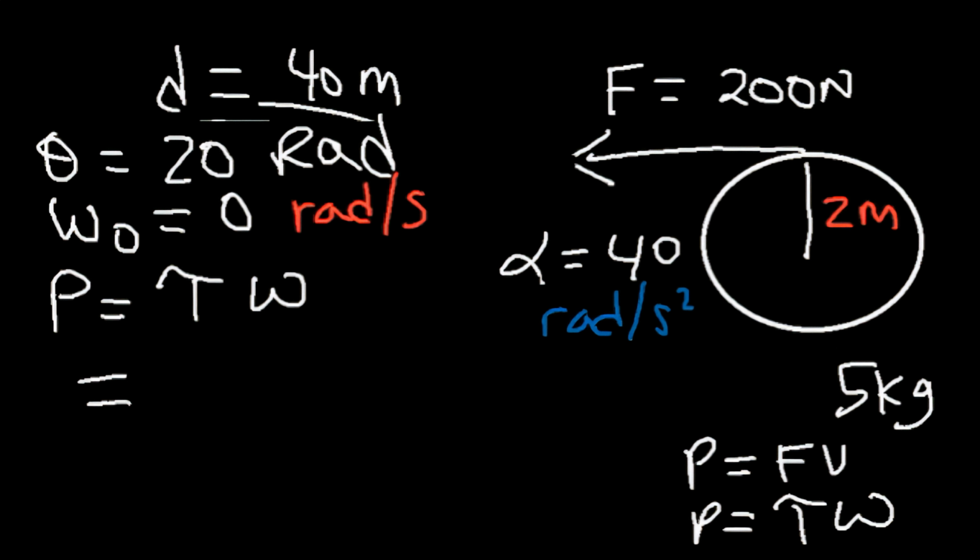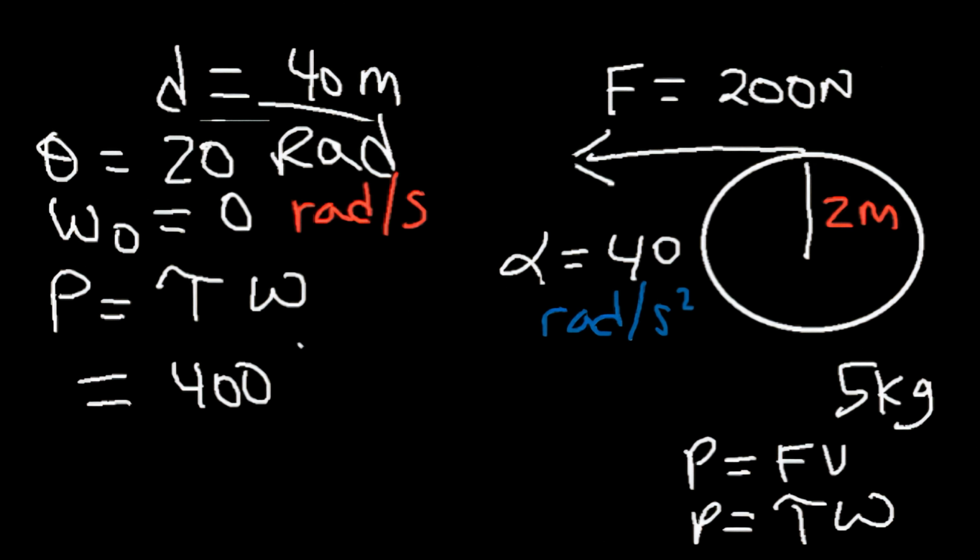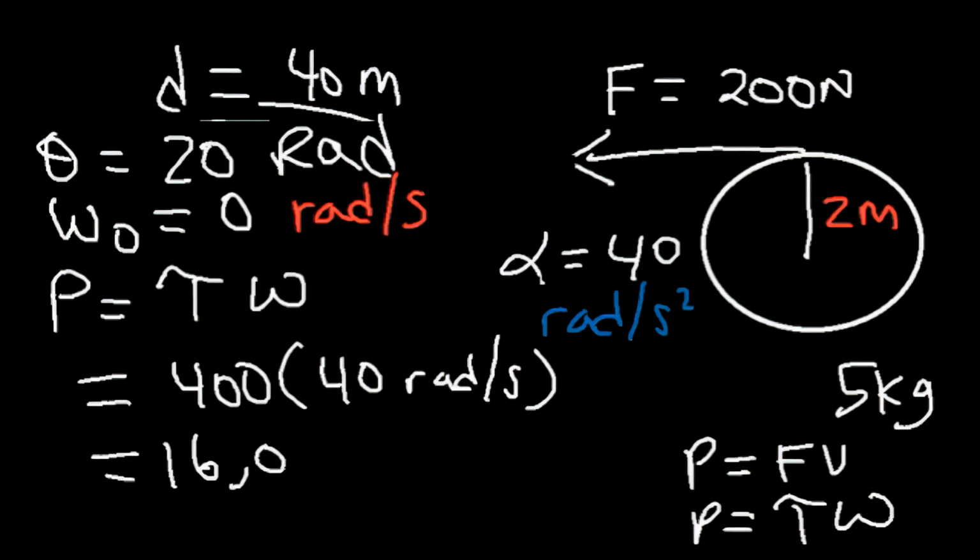The instantaneous power is going to be the torque, which is constant. That's a constant 400. That's force times radius, F times R, times an instantaneous angular speed of 40 radians per second. So 400 times 40 is equal to a power of 16,000 watts, which is the unit of power.